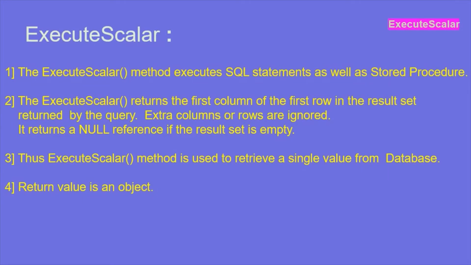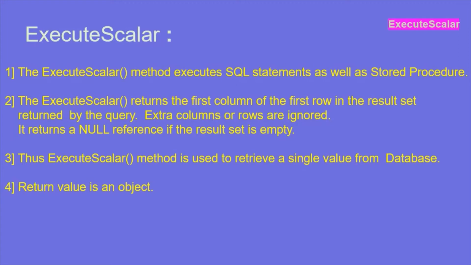In ExecuteNonQuery method, return value is a number, which is integer specifying number of rows affected, that is number of rows inserted or updated or deleted.